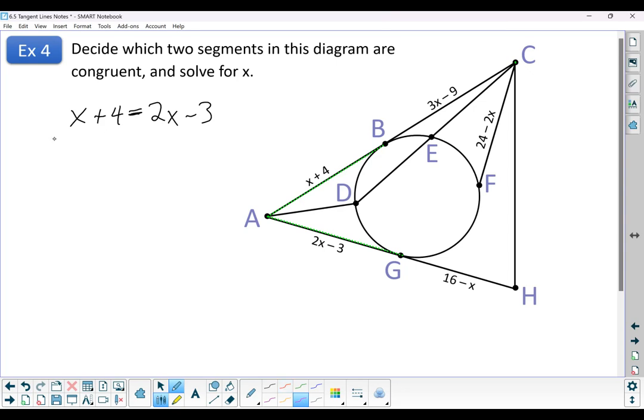So to solve for x, I'm going to subtract x from both sides of the equation, and I'm going to add 3. Those ones cancel and those ones cancel. So we have 7 is equal to x. And that's our x value. So this segment right here has a length of 11, and this segment right here, 2 times 7 minus 3, is also 11. All right.